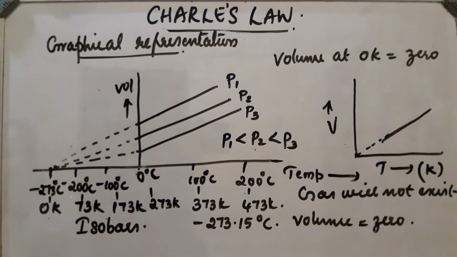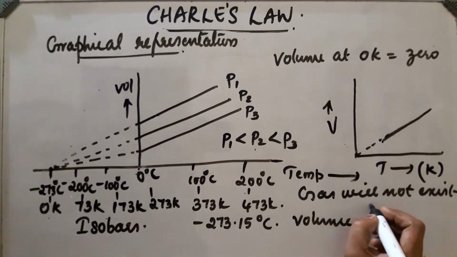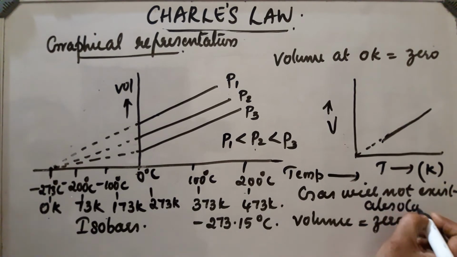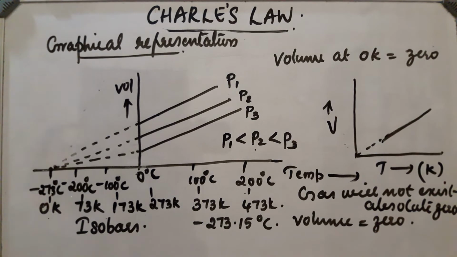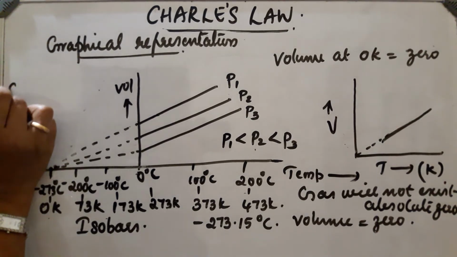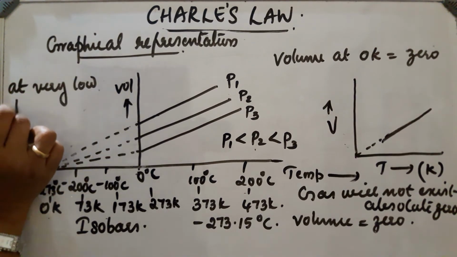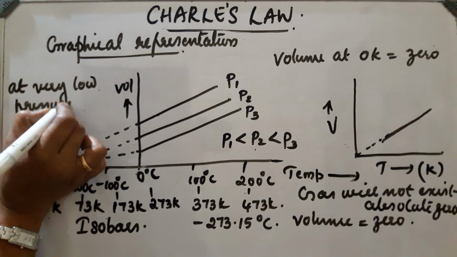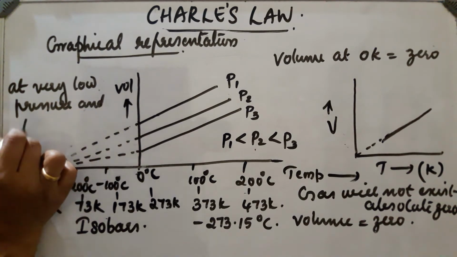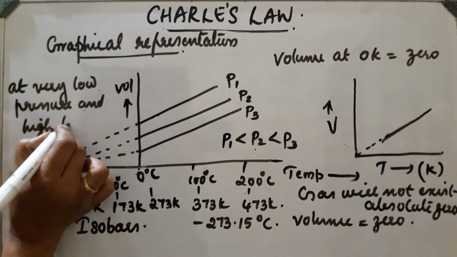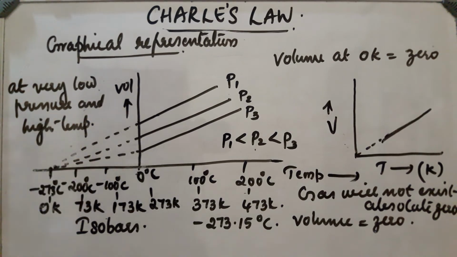This hypothetical temperature at which the volume is 0 is called absolute zero. And a gas obeys Charles' law at very low pressure and high temperature.